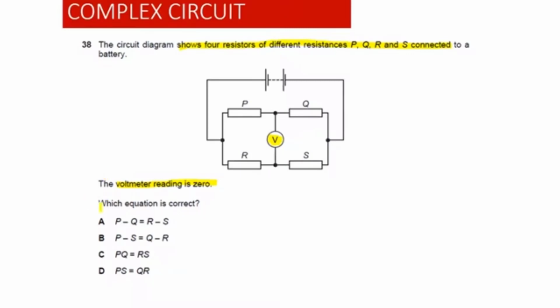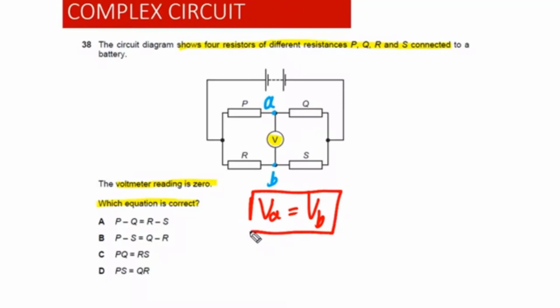What we need to find is the equation for this setup. In order to answer this question, let's say this point is point A, and this point is B. As it is given that the reading on this voltmeter is 0, it simply means that the potential at point A is equal to the potential at point B, meaning the potential difference between points A and B is equal to 0.